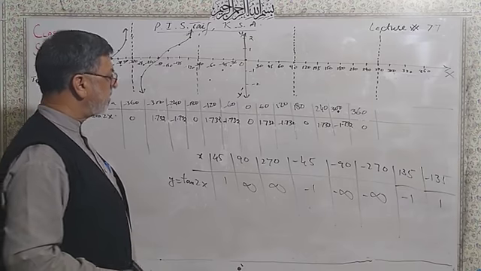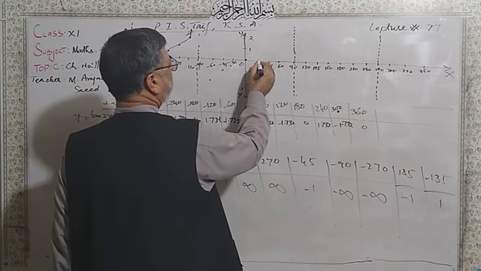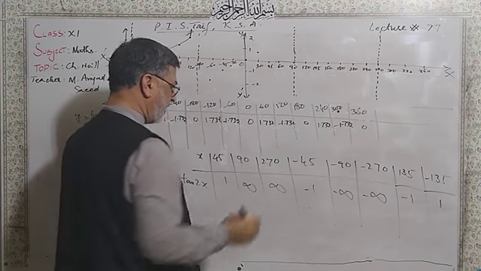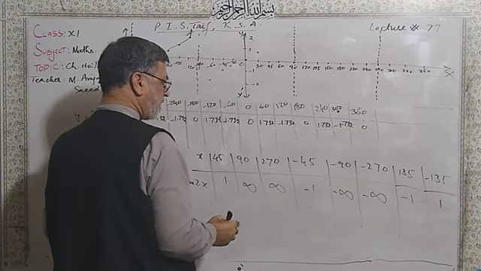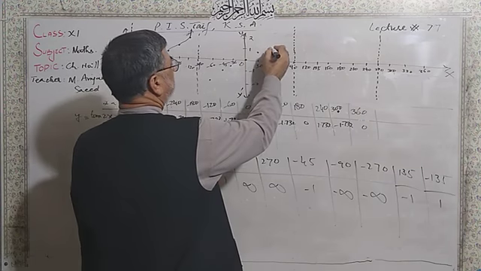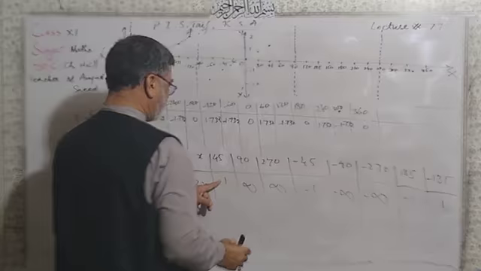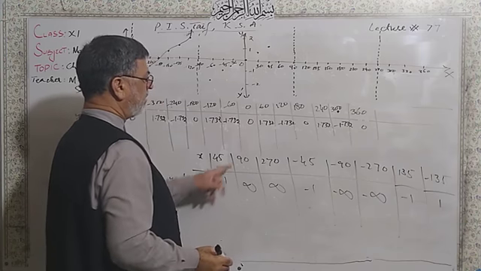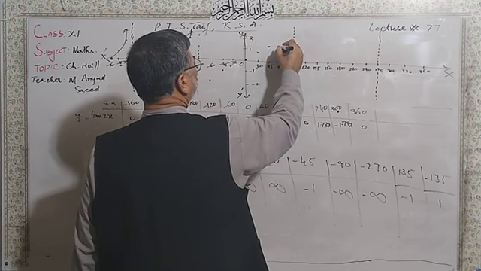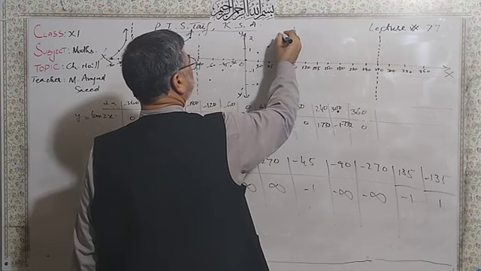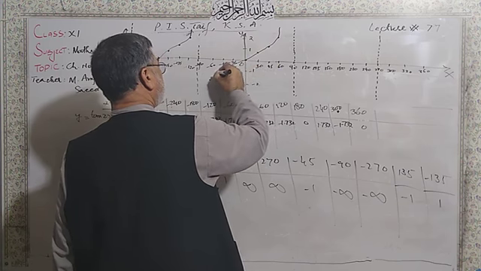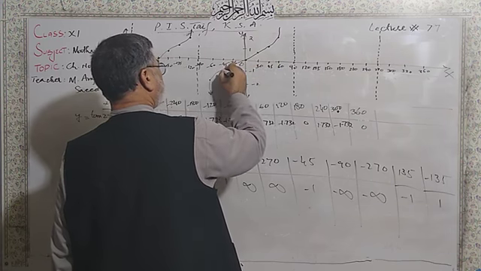Plus 30 is 0.6. 45 is plus 1. 60 is 1.732. This is 1 and this is 2 and 1.732. So dear students, this is the graph of tangent.